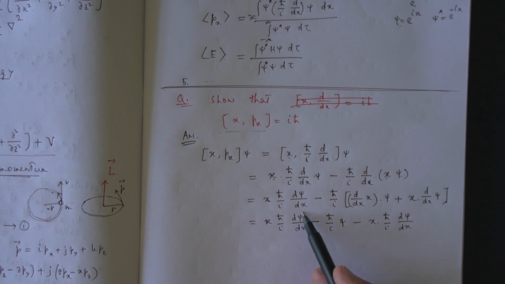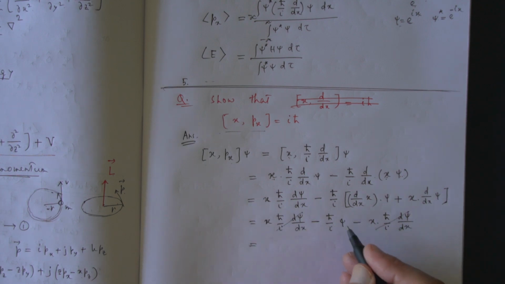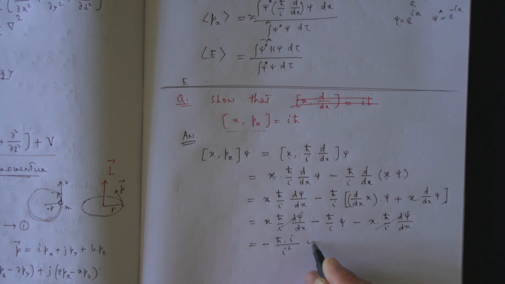Okay, so this cancels, so this is equal to, I can write it like this, minus h into i square psi. So i square equals minus 1, so this is equal to i h bar psi.